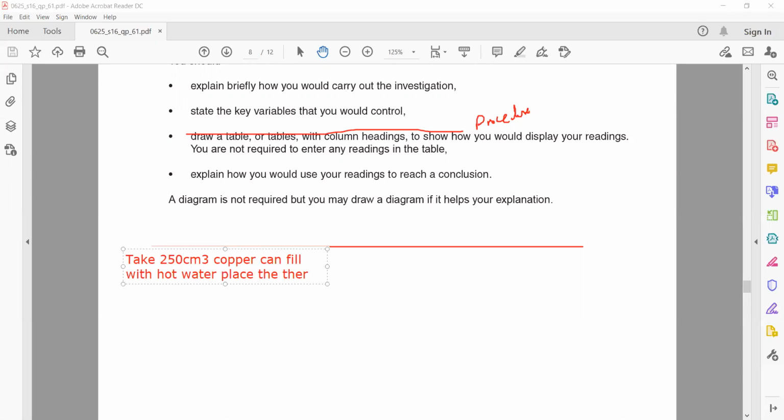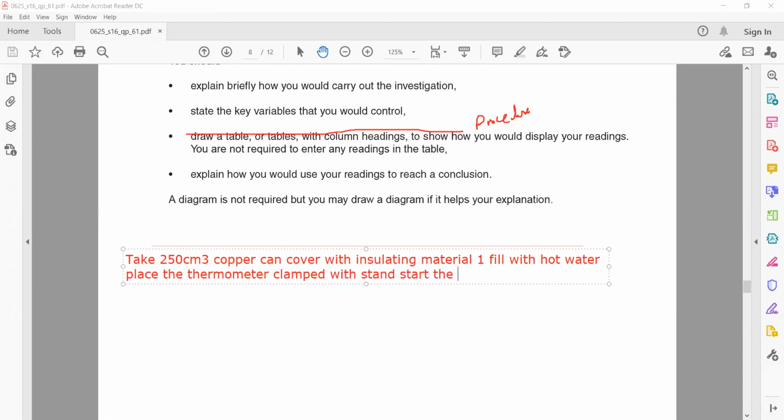Place the thermometer, cover with insulating material one, like the first insulating material, then fill it with hot water, place the thermometer, clamp with the stand, start the timer or the stopwatch, and record the temperature.